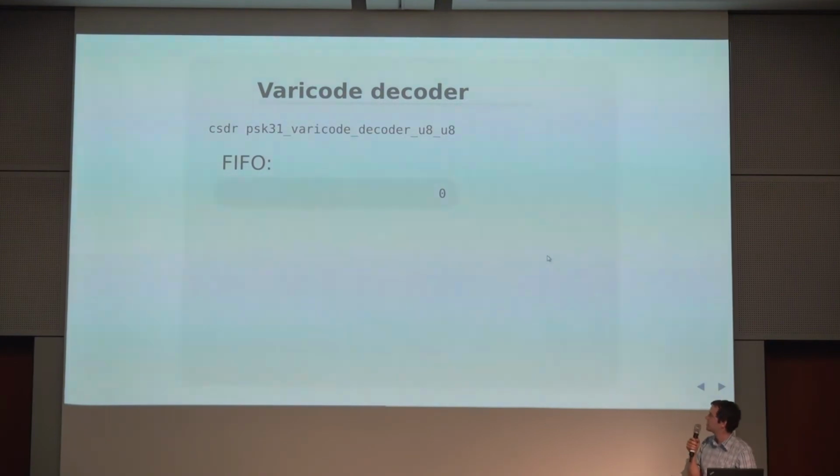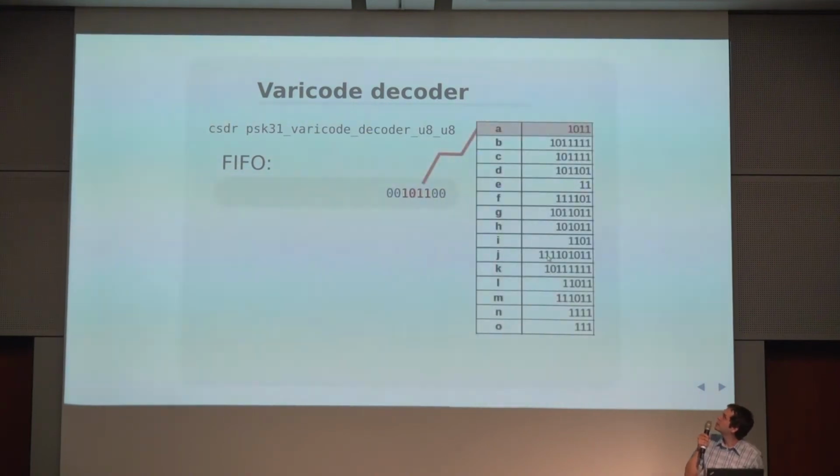And putting this together, we still need a varicode decoder, which is, right now we have the symbols, and we want to get the characters out of that. And we put the bits into a FIFO, and if we see that it matches a character in the code table, then we output an ASCII byte, so the ASCII character corresponding to the terminal, and that's what this CSDR function does, what's on top of the slide.